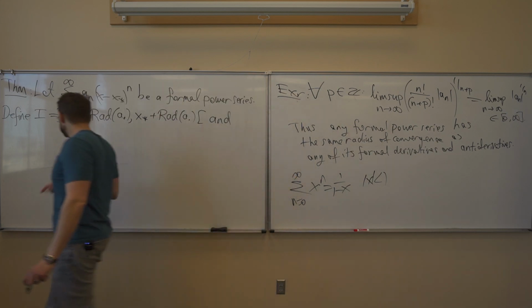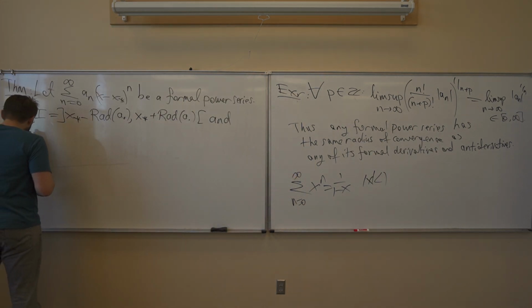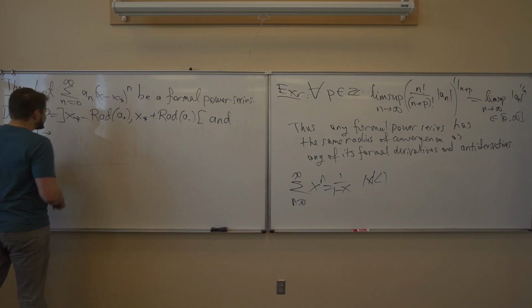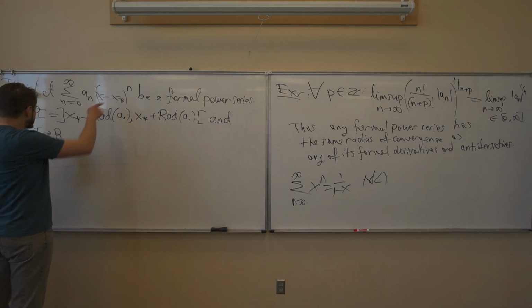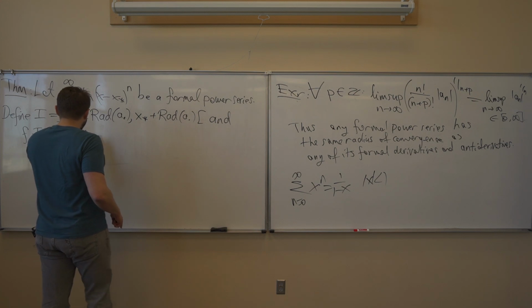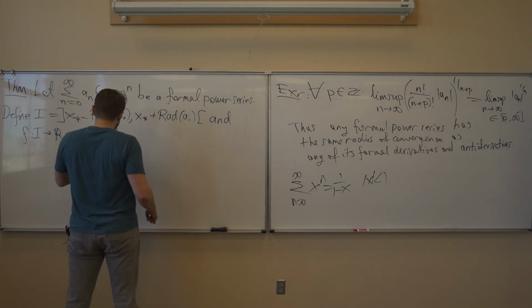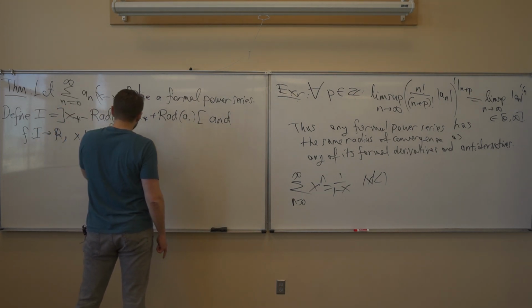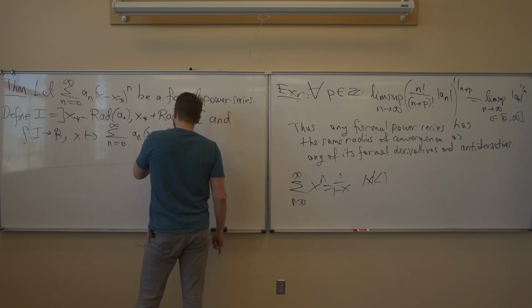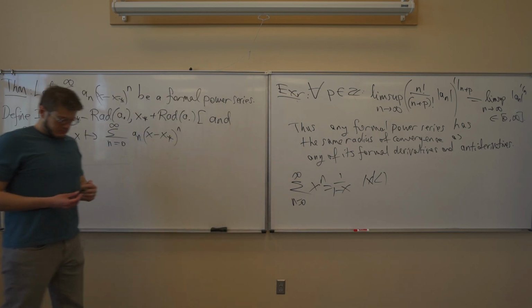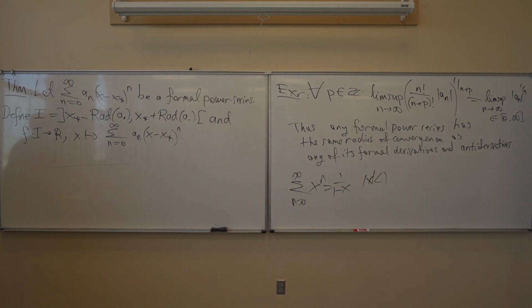And so now you see I'm shifting my focus. Define f to be the function defined on I by this: take x, send it to this. Now this is well defined, that's the point. We had discussed this. The Cauchy-Hadamard theorem says that f is a well-defined function.